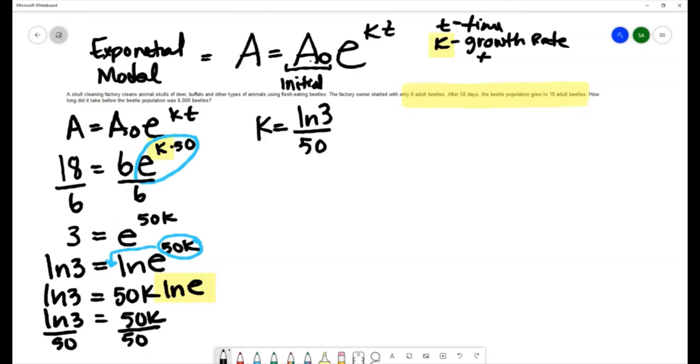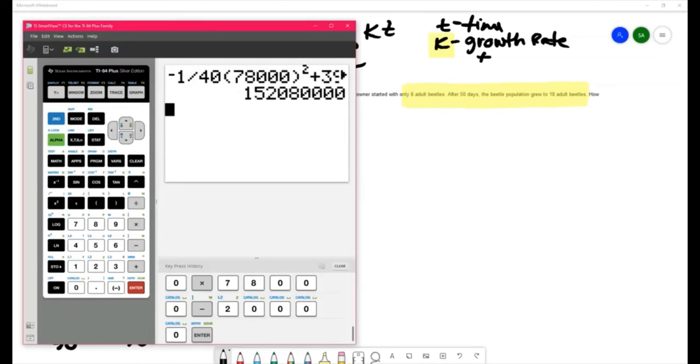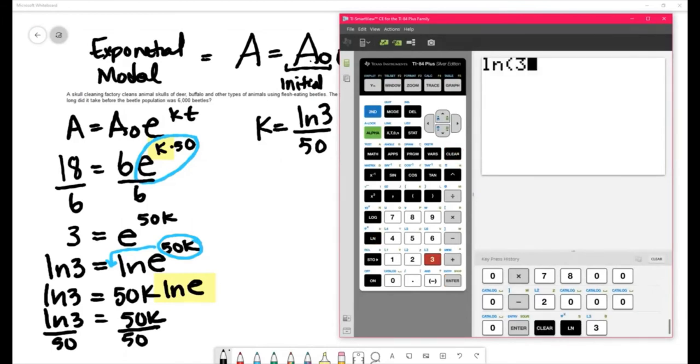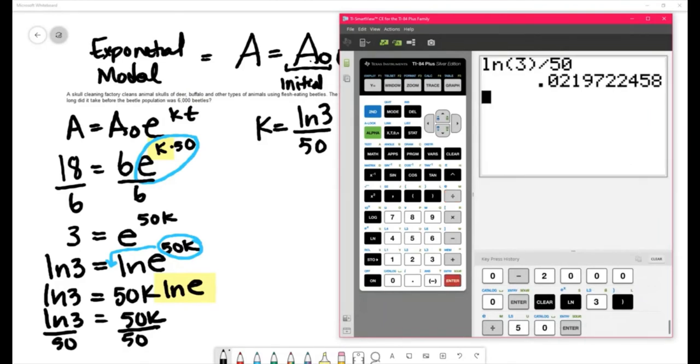Now I don't want to use the approximated value, but I want to show you that when we type this in your calculator, natural log of 3 divided by 50, we get that positive value for the growth rate. I'll go ahead and round it to 0.022.